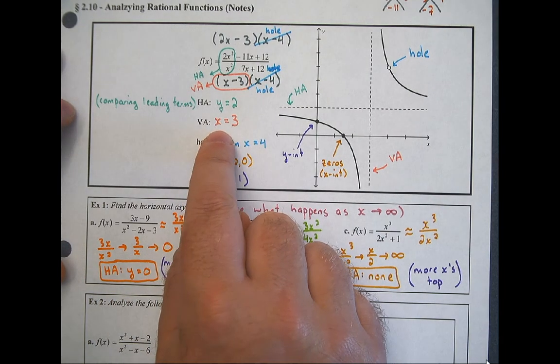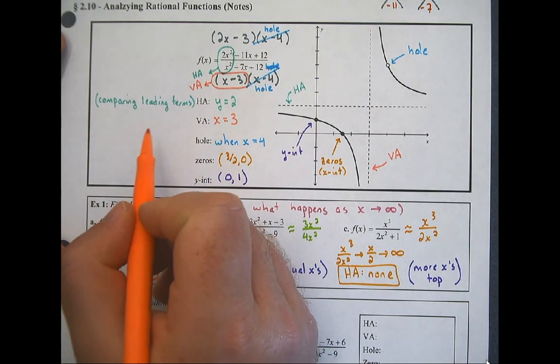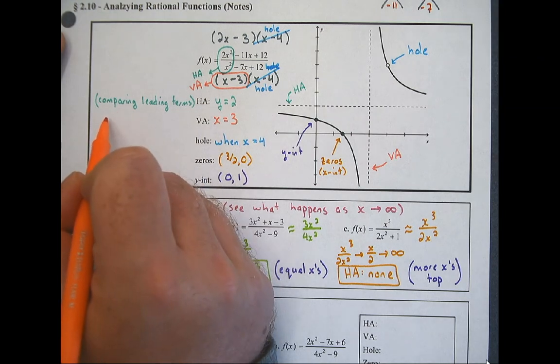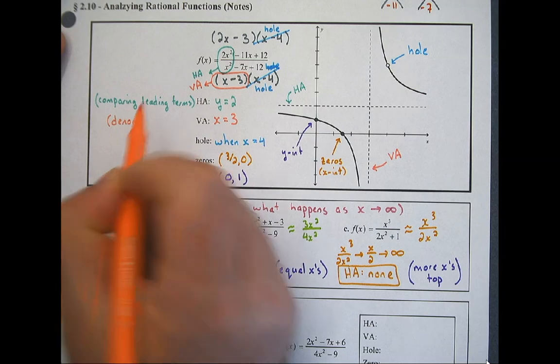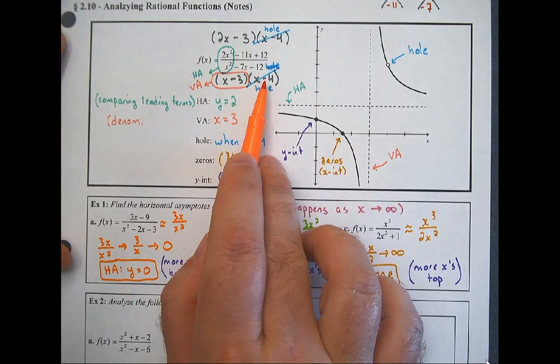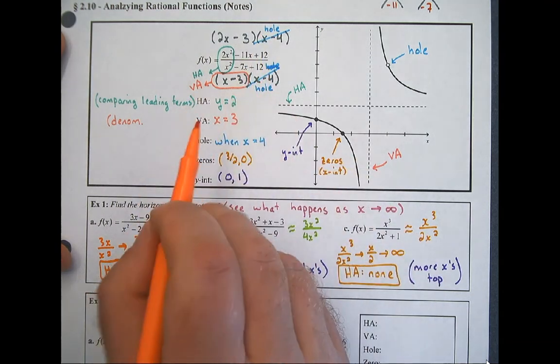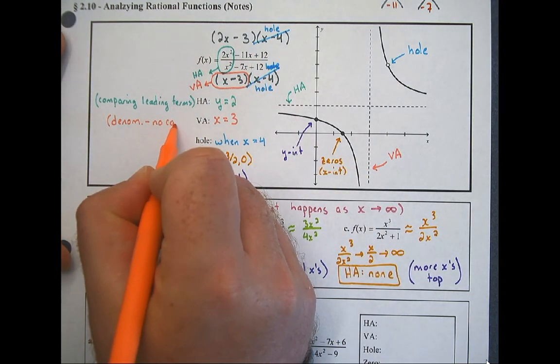Okay, where does a VA occur then? A VA happens when anything in the denominator doesn't what? This was in the denominator, but why was that a hole and not a VA? Because it canceled out. So denominator, no cancel.